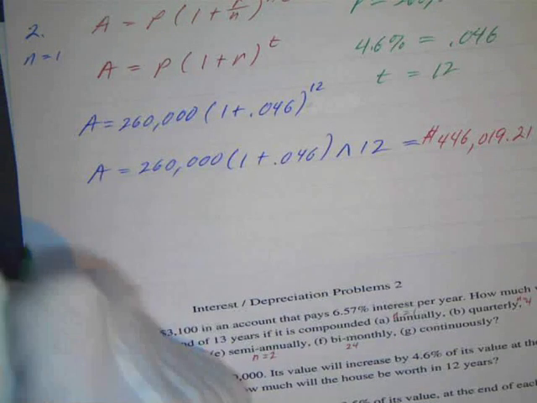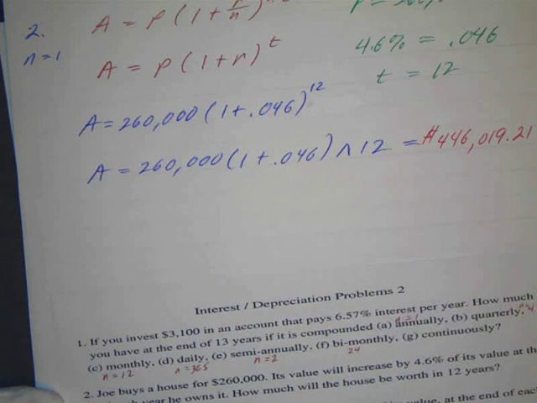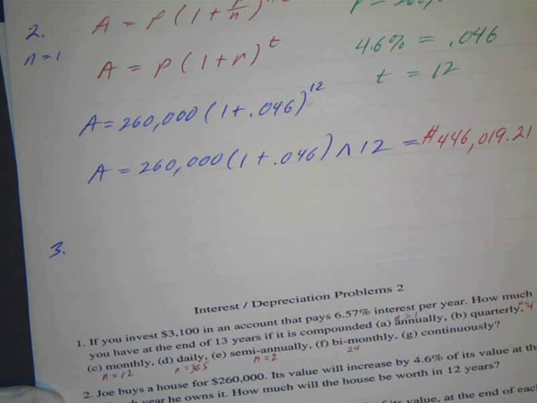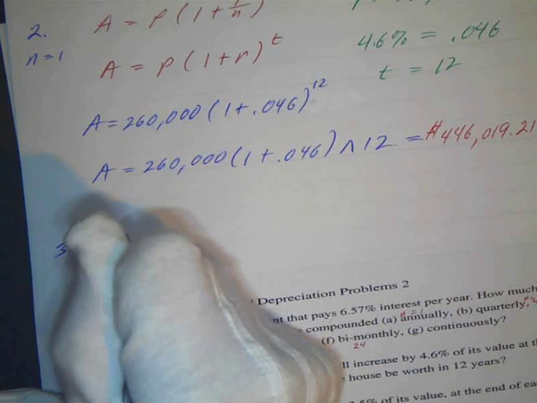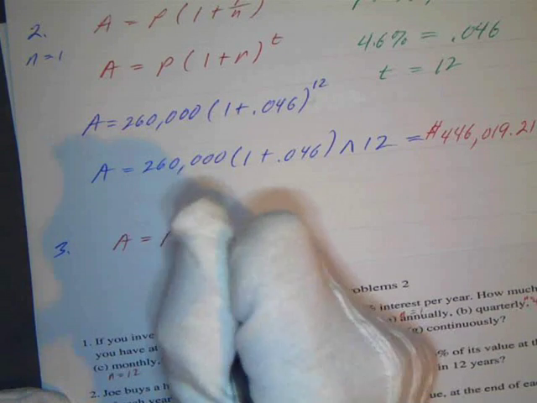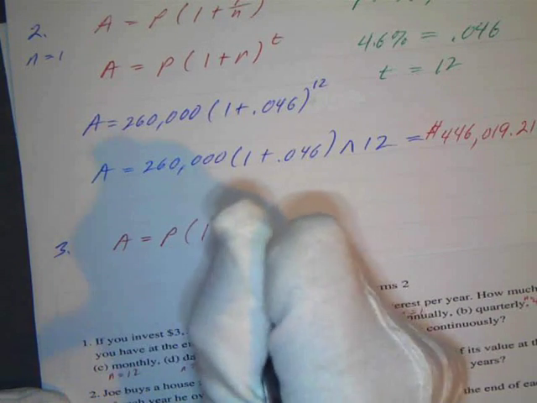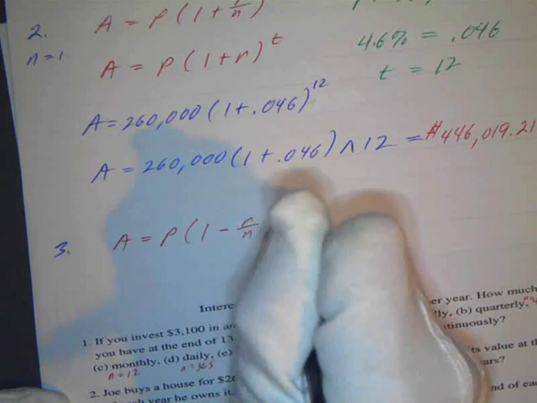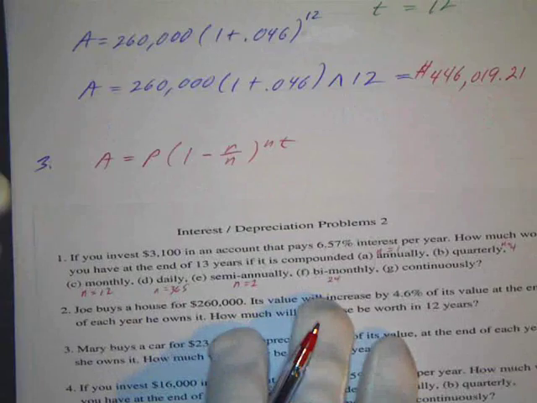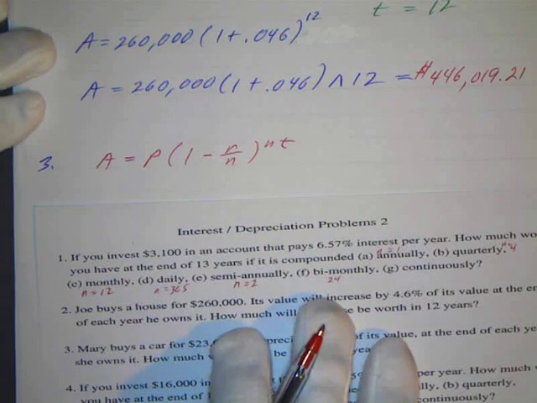So number 3. And my general formula will be amount equals principal times 1 minus r over n, to the nt. Although usually when you have depreciation, it's not compounded more than once a year.